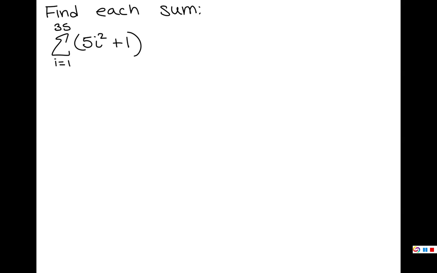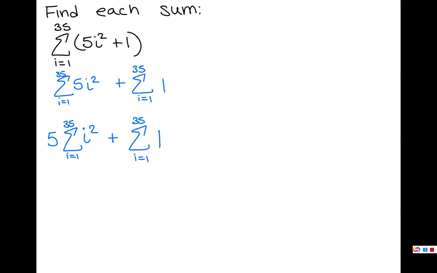So let's try to use a combination of those properties that I gave you with the summation formulas to find the following sum. I don't want to write out all 35 numbers that I'm adding. I want to try to use those formulas. We have a property that says if we have a sum or a difference, we can deal with each term separately.